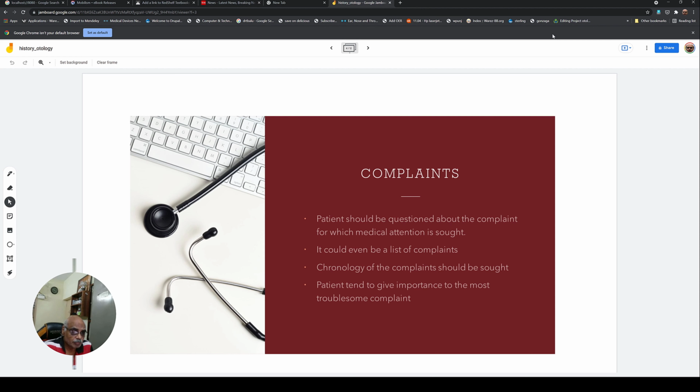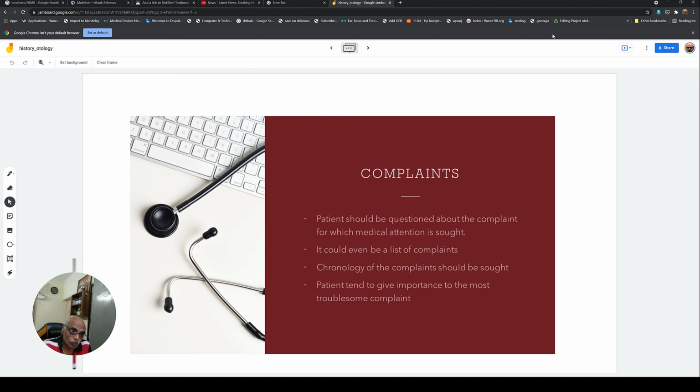In fact, a majority of these patients can come out with a list of complaints, and if the patient is going to come out with a list of complaints, the chronology of these complaints should be sought. If the patient is going to say, I had ear pain, I had ear discharge, I had ear block, the patient should be clearly asked to state which started first, which followed later, because this has a very, very important implication in the accurate diagnosis of the patient.